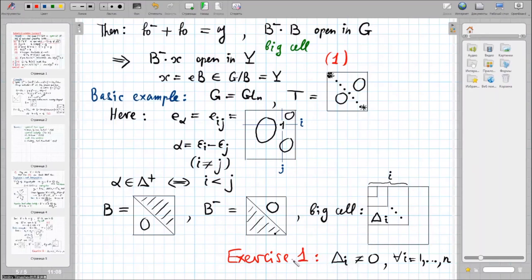The exercise is to check that an n by n matrix belongs to the big cell of GLn, that is, to this product, if and only if all upper left corner minors are non-zero. This is just a short formulation for the notes, but orally I formulated it in an expanded way, so I hope the formulation is clear.